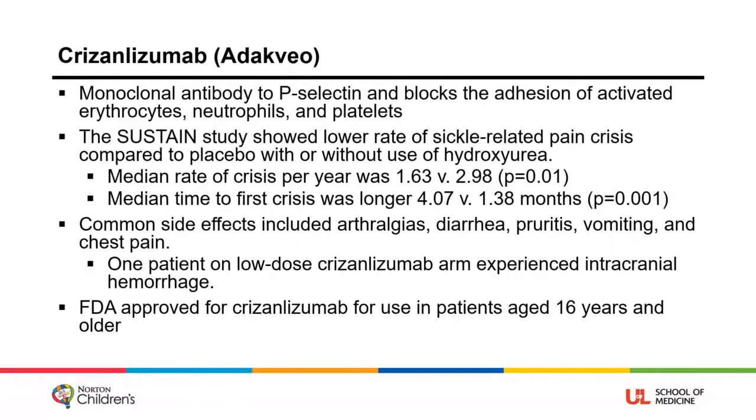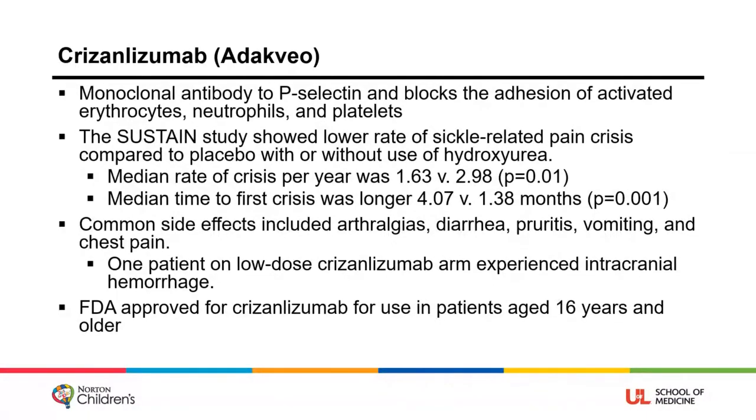In addition, there was a placebo group as well. The medicine was administered IV 14 times over the course of a year. The primary endpoint was the annual rate of sickle cell-related pain crises among those receiving high-dose therapy versus placebo. The trial enrolled a total of 198 patients.